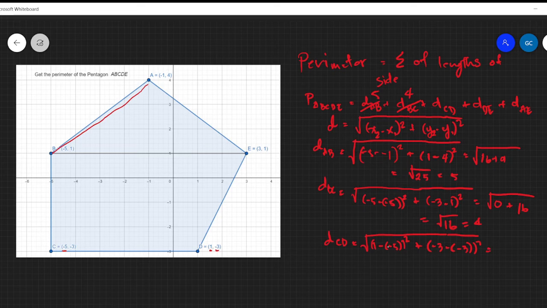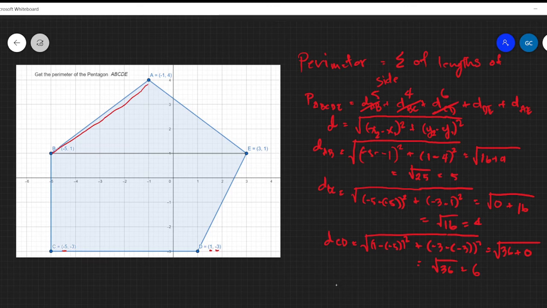But for the sake of computation, we will have negative 1 minus negative 5, so that will be 1 plus 5, 6. 6 squared will be 36. Plus, minus minus will be plus, meaning to say we have 0. In short, we have the square root of 36, which is actually just 6. So this will be 6.